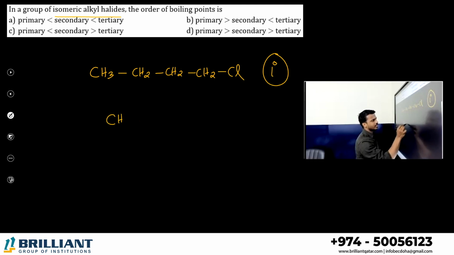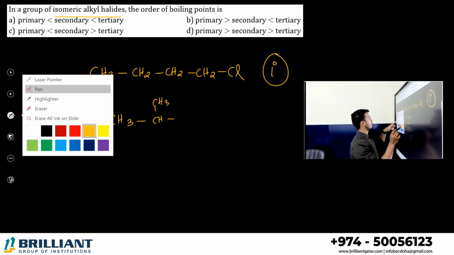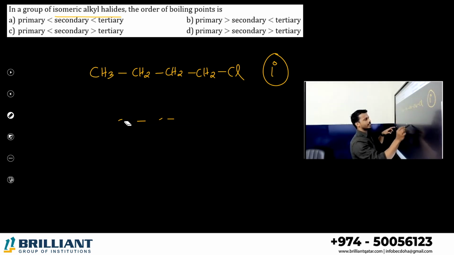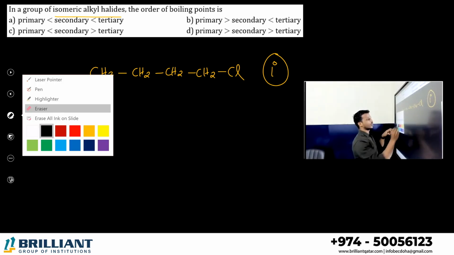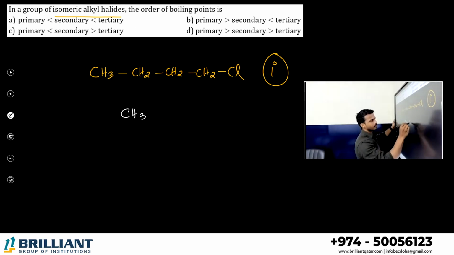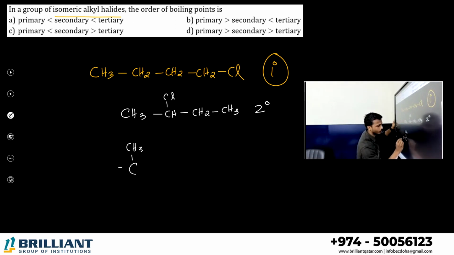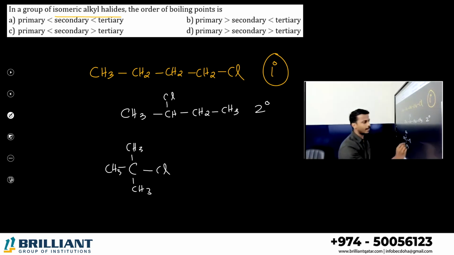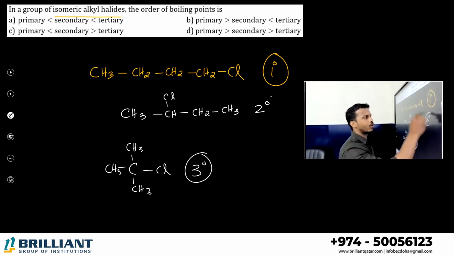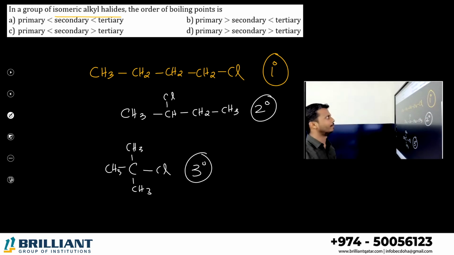Let me rewrite another structure, CH3CHClCH2CH3. It is secondary, right? Let me take a tertiary, tertiary butyl chloride. See, they are isomers, primary, secondary, tertiary.